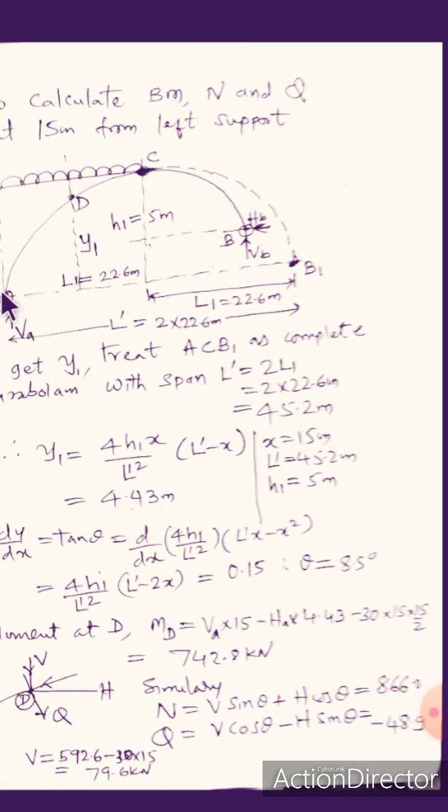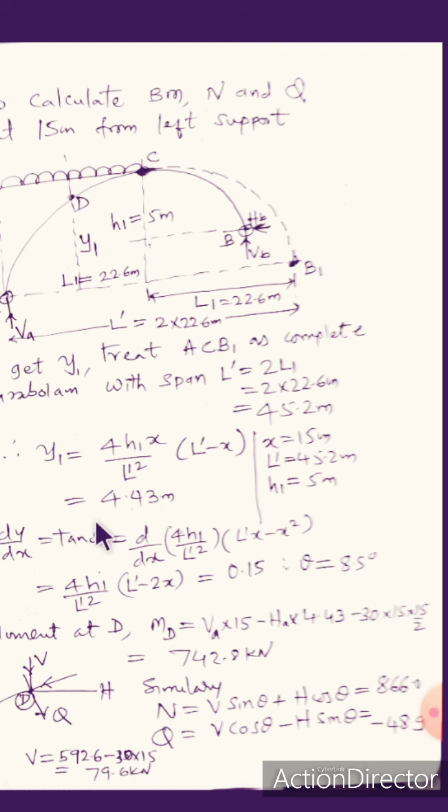The horizontal distance between A and the point D is 15 meter, that is x. L dash is the total, that is L1 plus L1, so 45.2. H1, for this entire parabolic curve ACB1, H1 is total, this one, which is 5 meter. Now you substitute all this, you will end up with 4.43 meter.